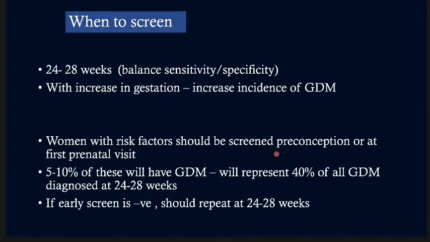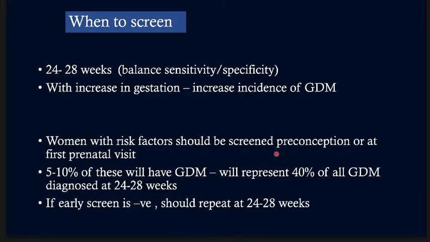We might pick up a larger number of patients who are diabetic, but there is limited time to modify anything or to lower or adjust glycemic status before the patient gives birth, which is the main goal.